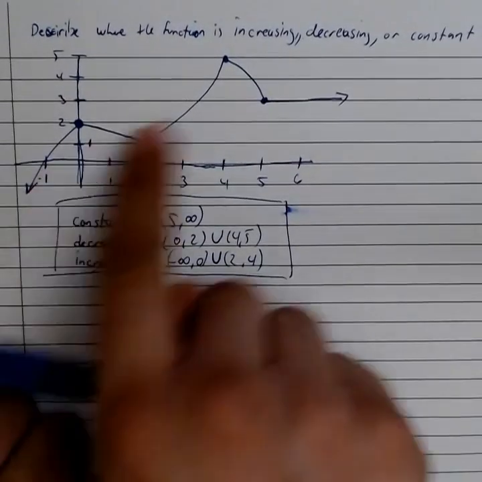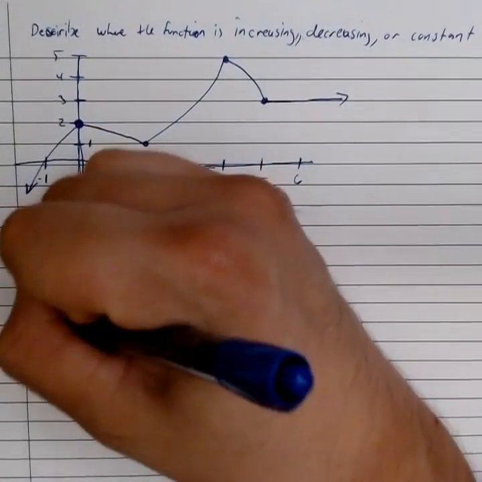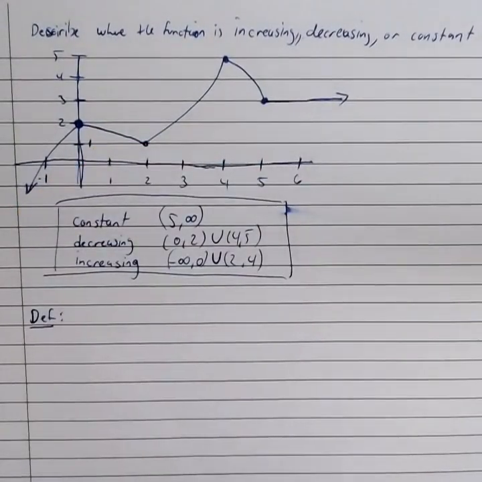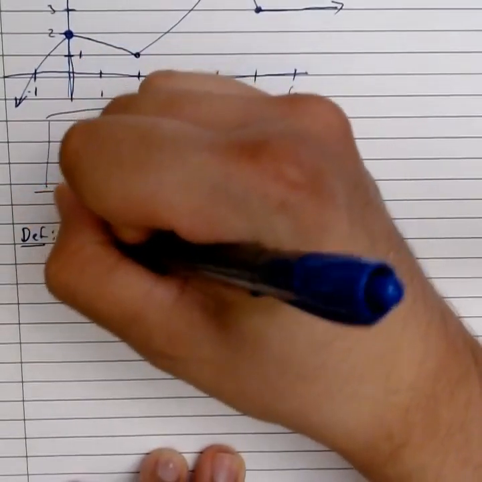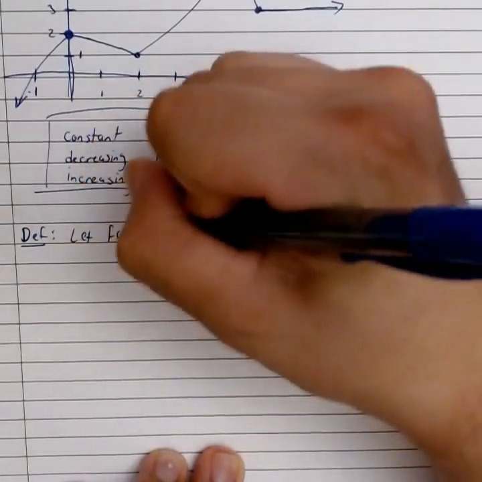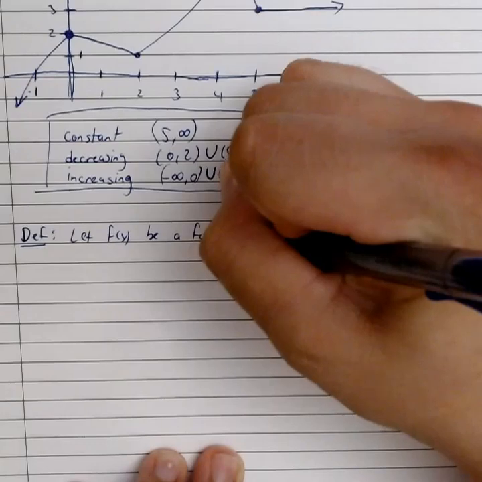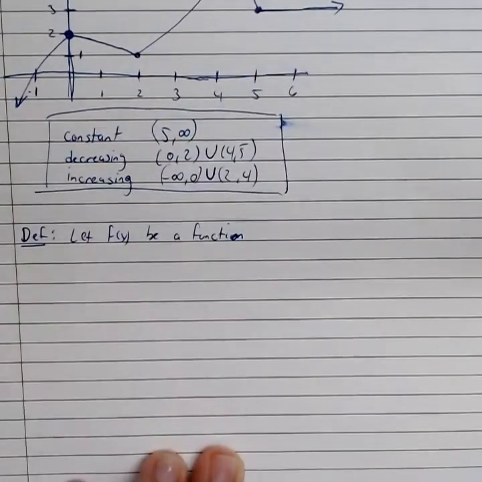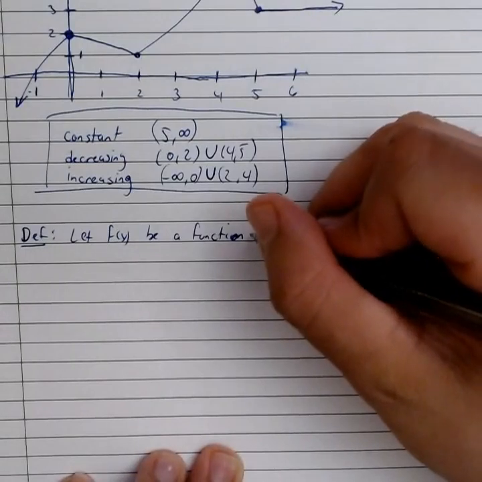Let's use this graph for one more type of example. Here, let's give one more definition. Let's begin with a function. Again, let f of x be a function, and let a be a number in the domain.